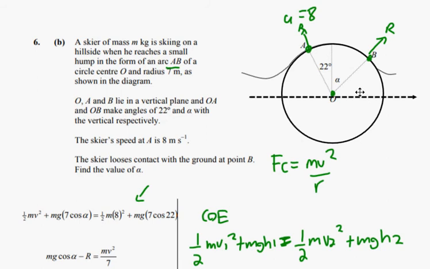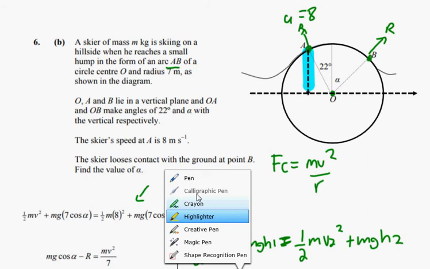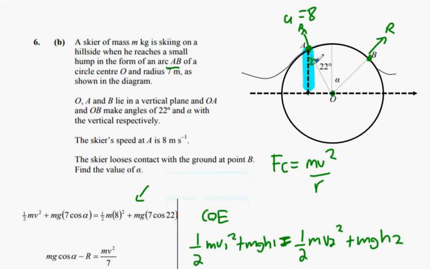So what's the height in the first part then? I'm looking for this line here, the blue line. What can you tell me that is? By alternate angles, guys, that's 22. The radius is 7. That, in my opinion, says 7 cos 22.